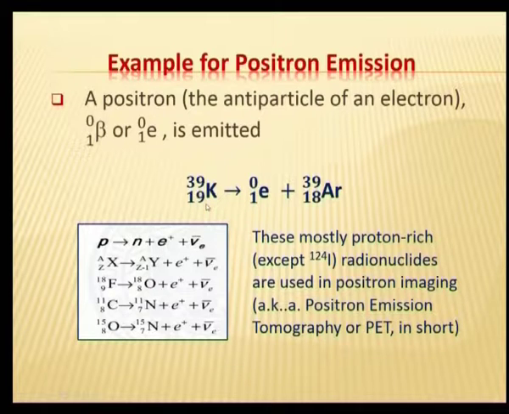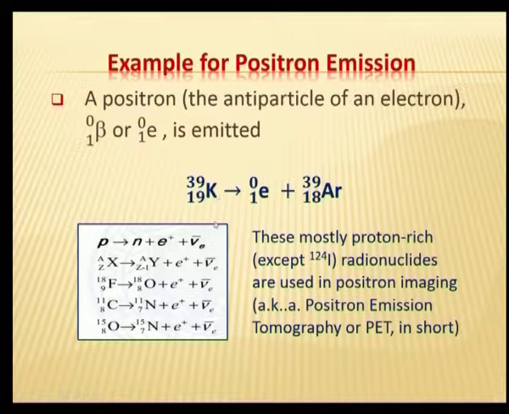A positron is emitted during this reaction. There are very many reactions shown in this table, wherein you have E plus emission. E plus is the positive electron, that is the positron, right. E minus is the electron, E plus is the positron.